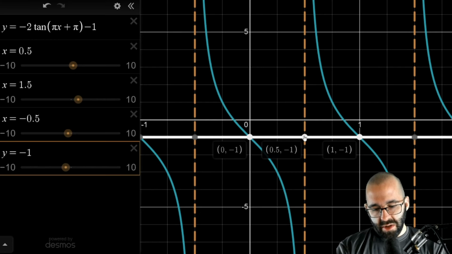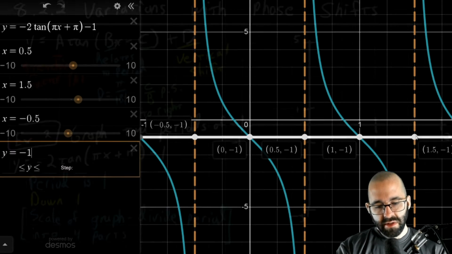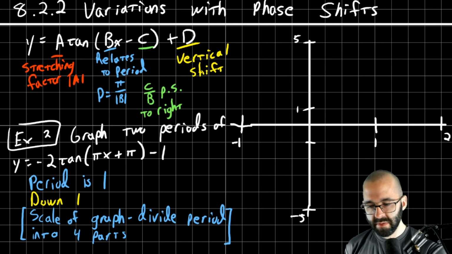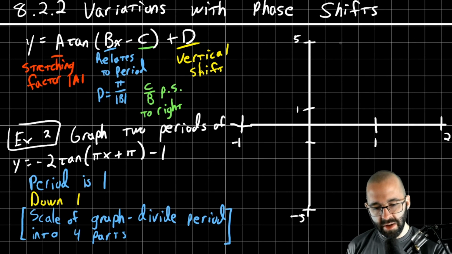So where are the asymptotes? They're at -1/2, +1/2, and 1/2. So the asymptotes are at 1/2, halfway between 0 and 1, because we're just adding a period, just adding our period of 1, or subtracting our period of 1 to get all of these asymptotes.